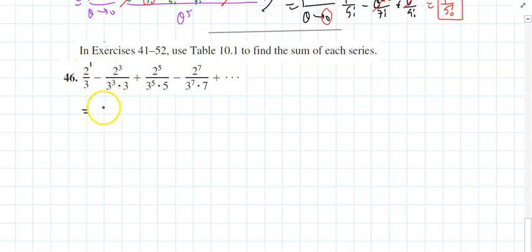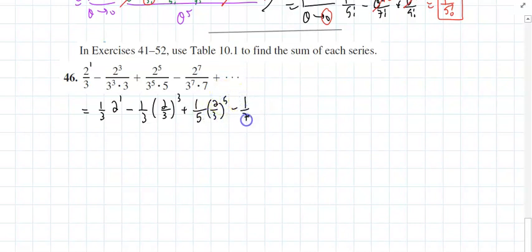That is 2/3 to the 1, minus 1 over 3, isn't that 2/3 cubed? Isn't that 1 over 5? 2/3 to the 5th, minus, isn't that 1 over 7? 2/3 to the 7th, and the list goes on.